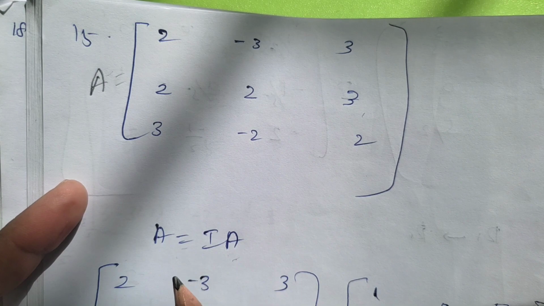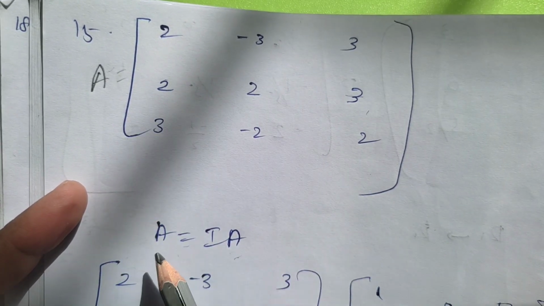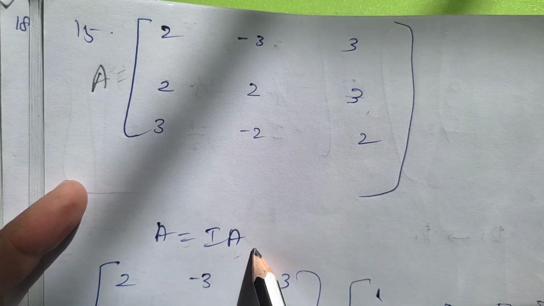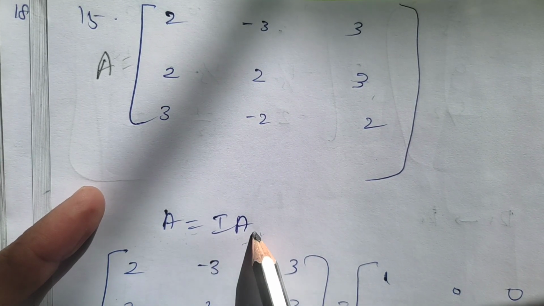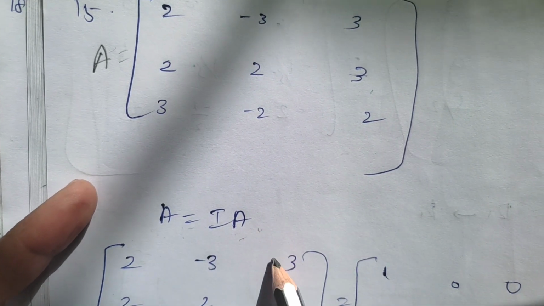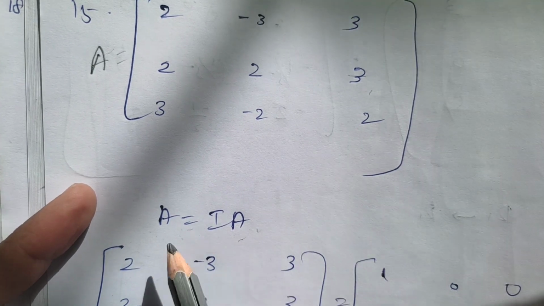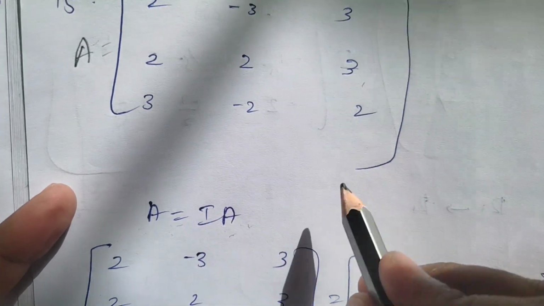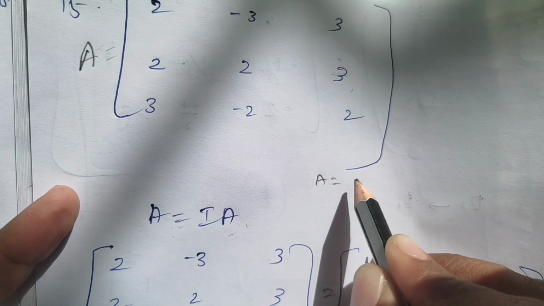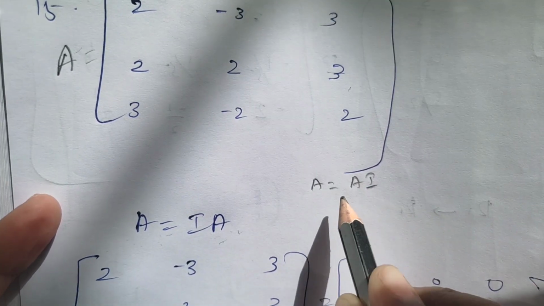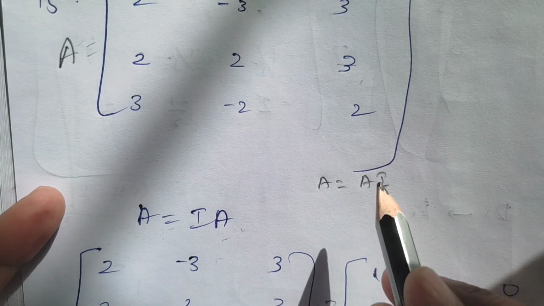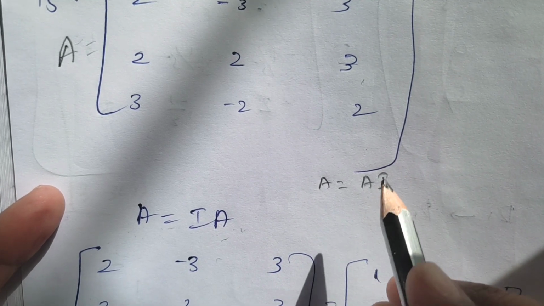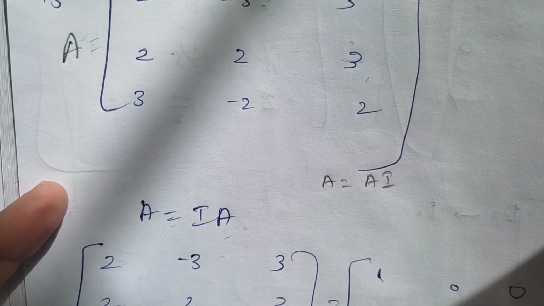Matrix A is given. Write the given matrix as A is equal to I into A. So if I am writing A is equal to I into A, the row operation must be followed. I can also write this as A is equal to A into I. If I am taking it in this pattern, then you should follow the column elementary transformation or operations.